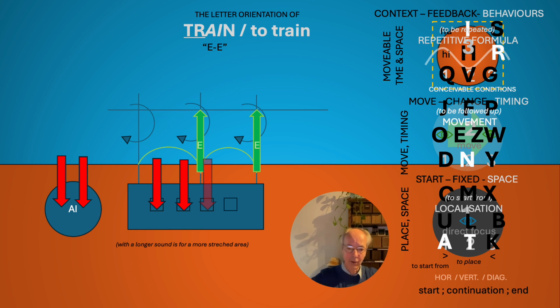I have a certain length where I will have selections that I will insert in it, where I will get my focus into it. This combination with this longer sound makes a stretched area. If I make that into an oval or into a square, in a way it doesn't matter, but with the T as a starting point I have the tendency to have a square more than a circle, so let's have that square, why not?